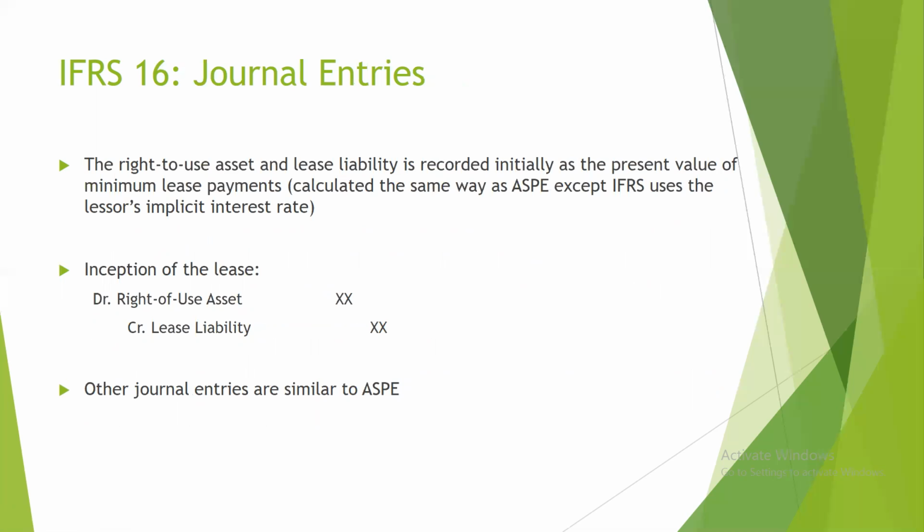Whenever you have a cash payment, we'll debit the lease liability, credit cash. At the end of the year, you can have a depreciation entry and an interest expense entry, and those are all calculated the same way as ASPE. The only difference in the numbers is going to be that the present value calculation may be different because you're using the lessor's implicit interest rate.